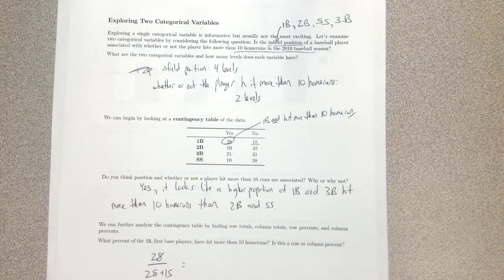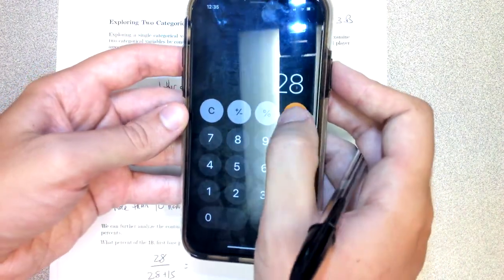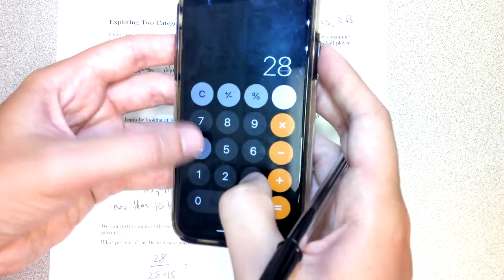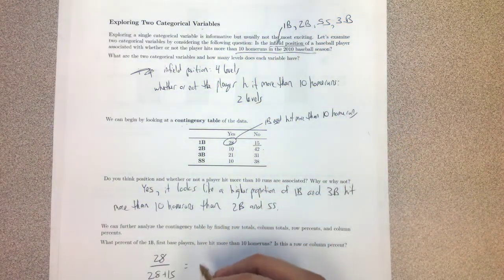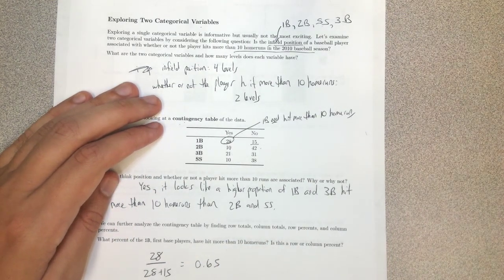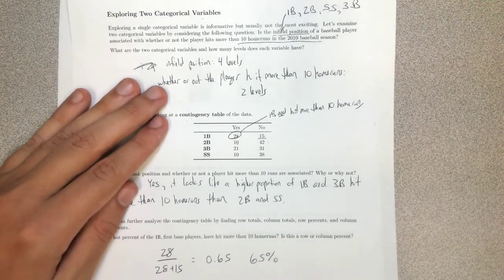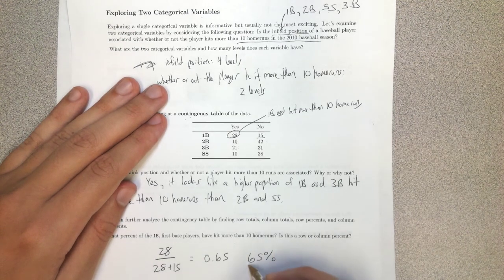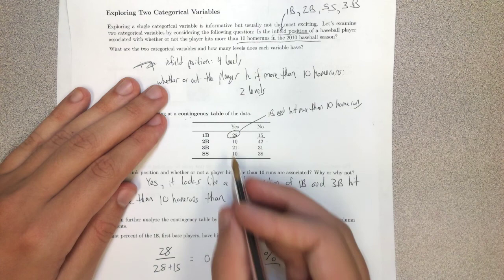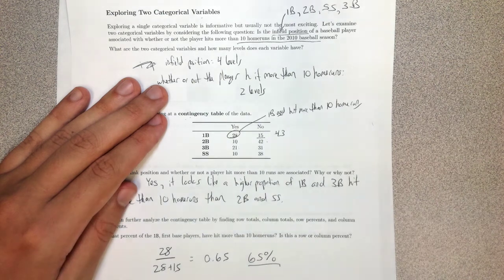I'm just going to go ahead and use my phone as a calculator. So 28 divided by 43. It looks like that's going to give you 0.65. So that's the proportion of first base players that hit more than 10 home runs. If you want a percent, you just have to multiply that by 100 to get 65%. This is what we're going to call a row percent because we divided by this row total over here, which was 43.